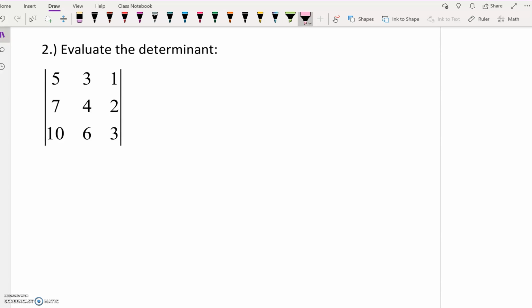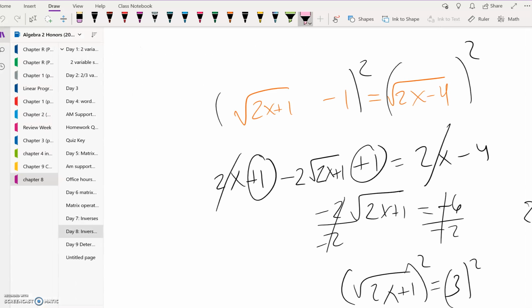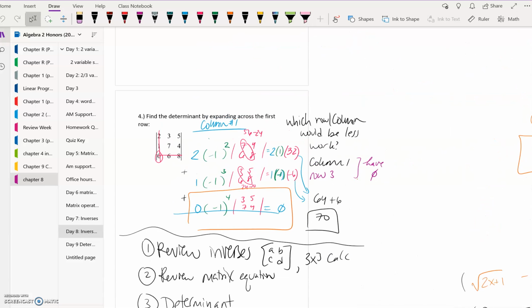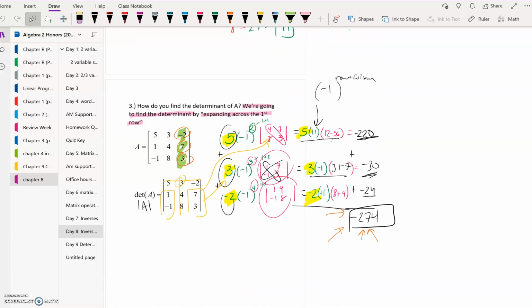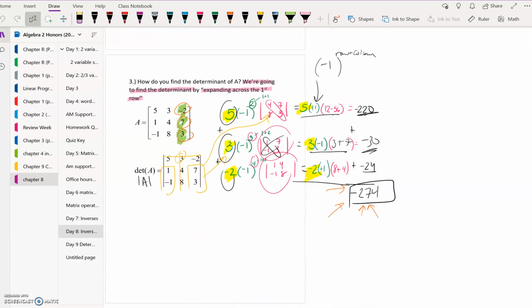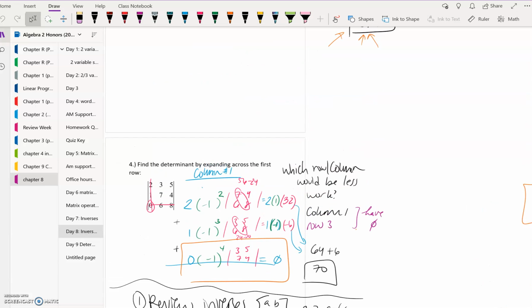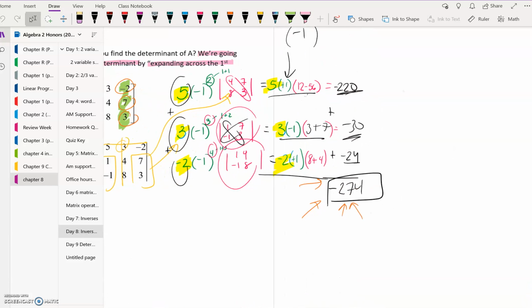This reminds me, Maddie from second period, shout out to Maddie. Maddie said that in my beautiful notes from yesterday, apparently one of the first ever problems that I showed you how to do a determinant, I had a typo.